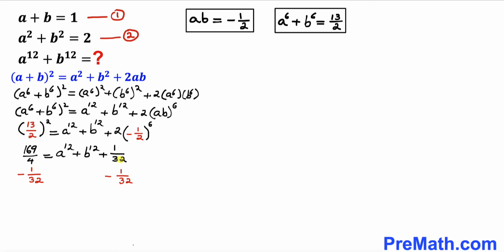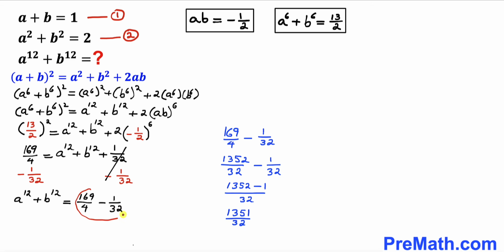And now let's go ahead and subtract 1 divided by 32 from both sides. This is gone. So therefore a power 12 plus b power 12 turns out to be 169 divided by 4 minus 1 divided by 32. And now let's focus on these right hand side fractions. I have just copied them down over here. And if we simplify everything, it turns out to be 1351 divided by 32.